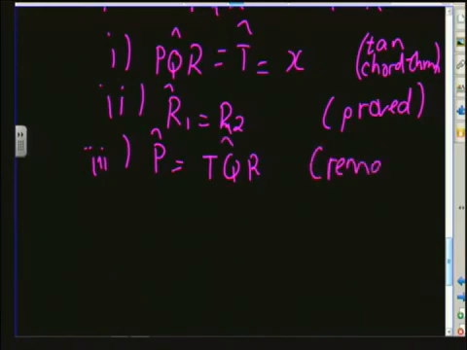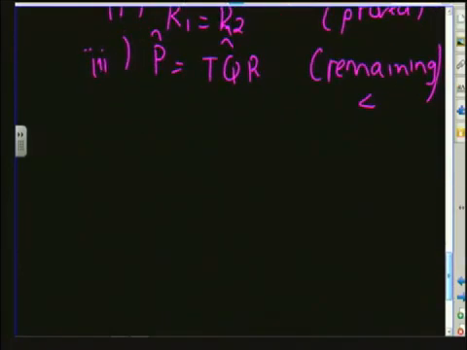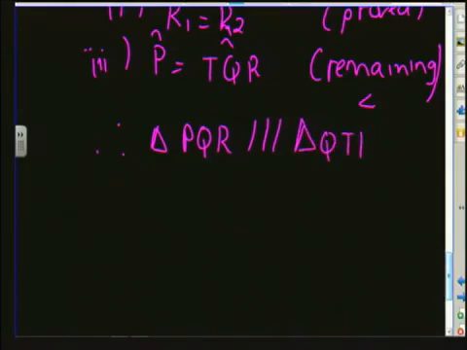But we also saw that they are both equal to 90 degrees. Okay? Since all the angles are the same, we can now make our statement. Therefore, triangle PQR must be similar to triangle QTR, and the reason there is angle, angle, angle.